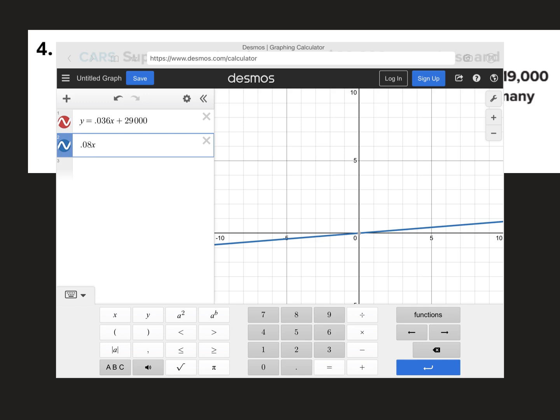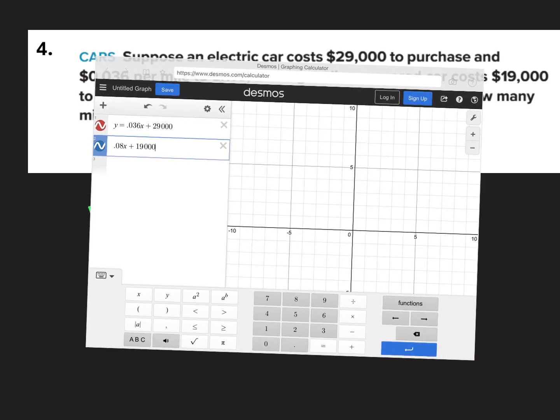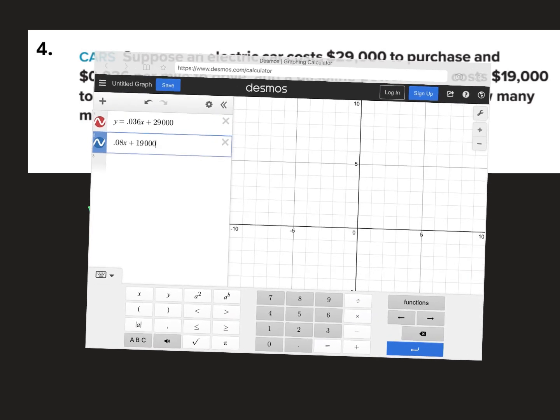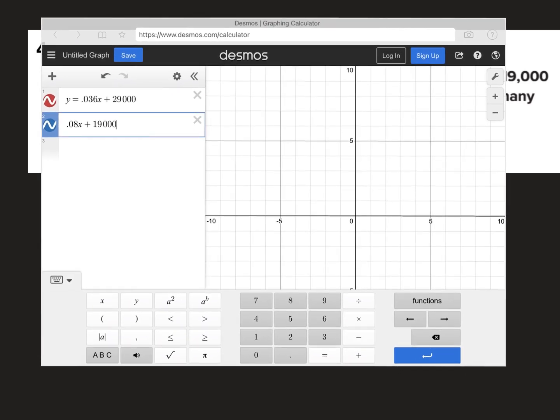Oh, let's just not put it. 0.08x plus 19,000. So I've entered my equations. Why can I not see the graphs? Can anybody guess why I can't see the graphs? The y-intercepts are so big that I can't see my graphs.